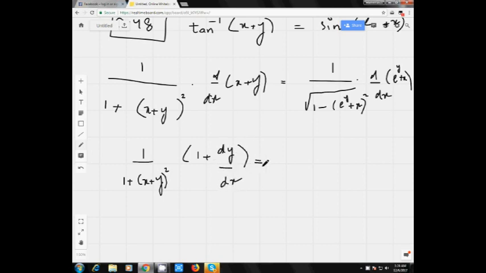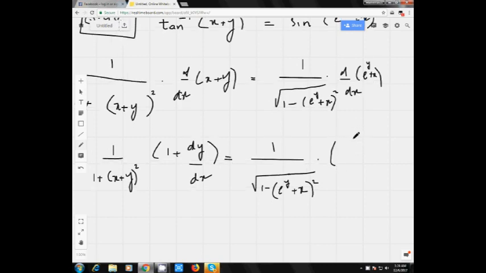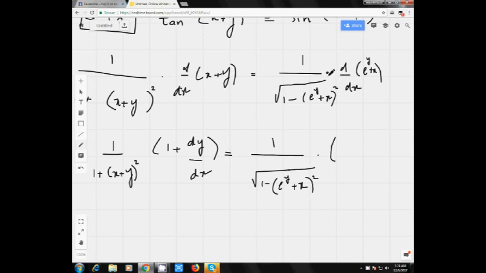This happens to be equal to 1 divided by square root 1 minus (e raised to the power y plus x) whole square times the derivative of the exponential function, which has to be applied here. e raised to the power y times the derivative of the power with respect to x plus the derivative of x with respect to x, that is 1.